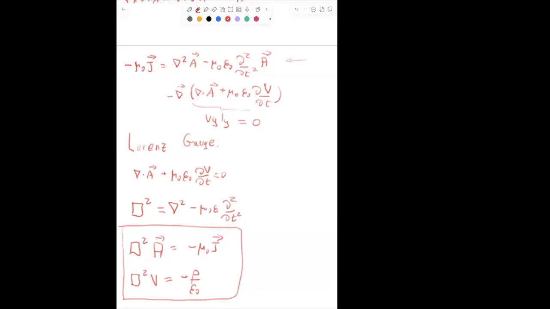So again, the main goal is to find A and V given some general J and rho.